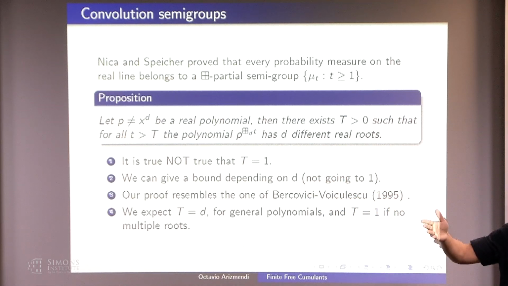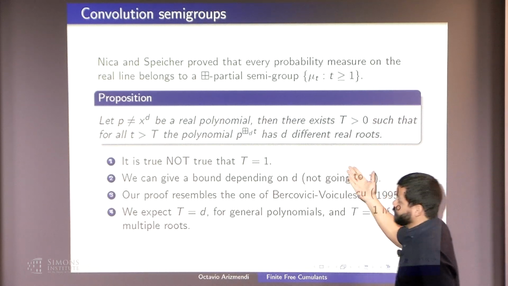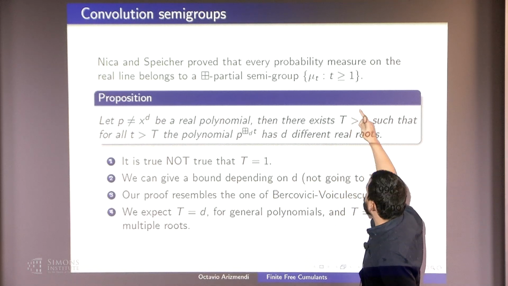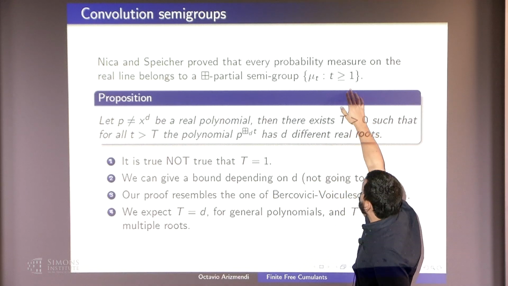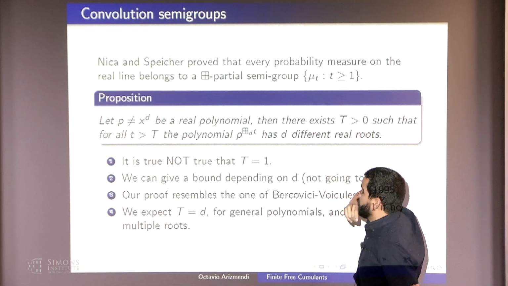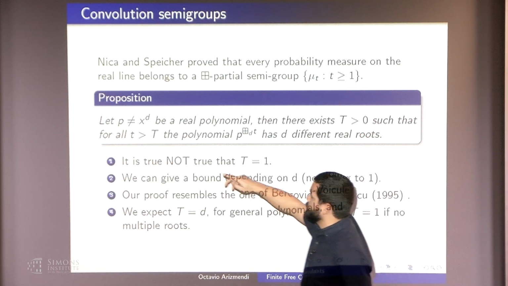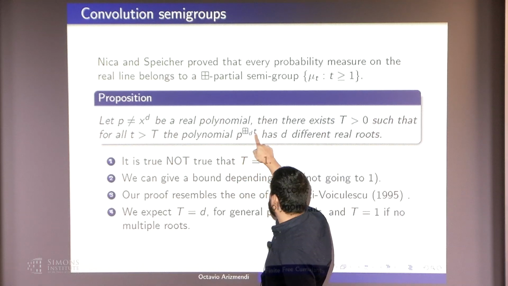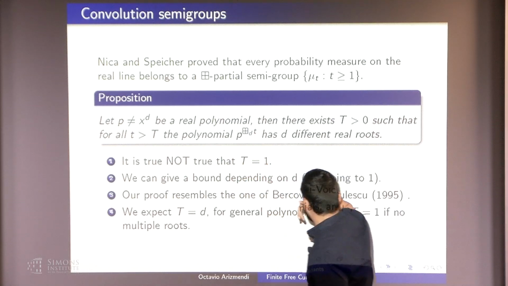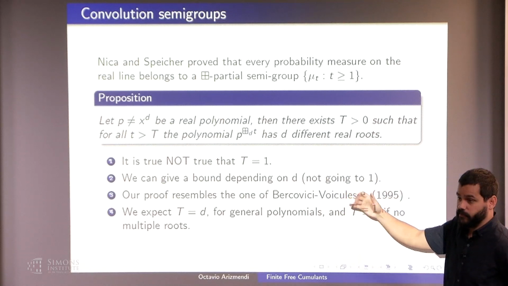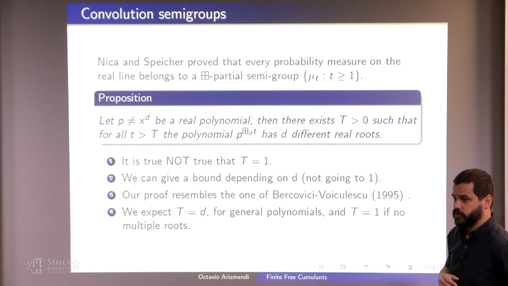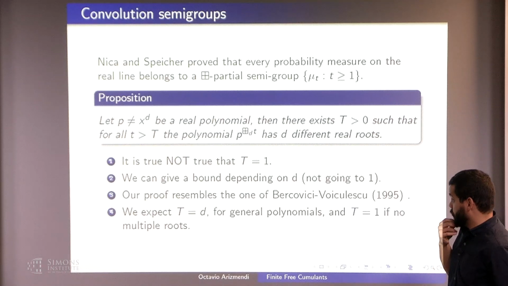So this is the polynomial whose cumulants are t times the original polynomial's. While one cannot talk about any t bigger than 1, there is some t such that the polynomial to the power t is not only real rooted, but also has different roots. So this is somehow similar to free probability, but let me just point out that t is not 1.